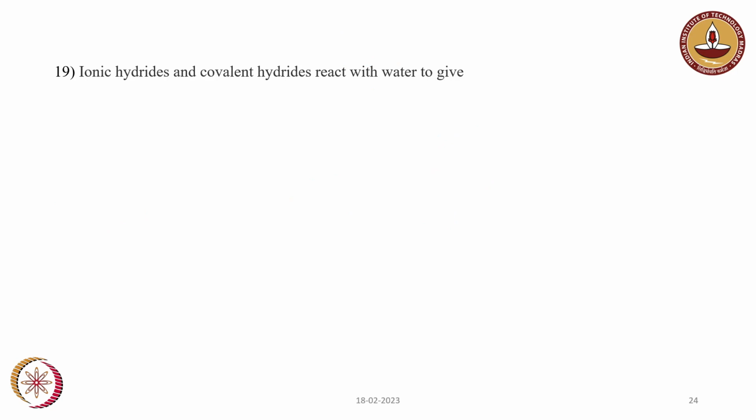Next question is: ionic hydrides and covalent hydrides react with water to give what? So let's define ionic hydride. Ionic hydrides are formed from alkali and alkaline earth metals.